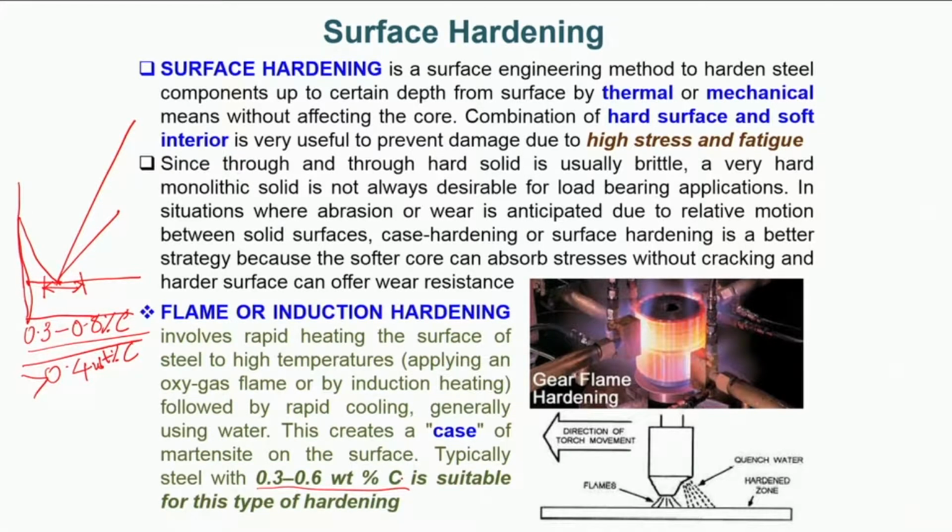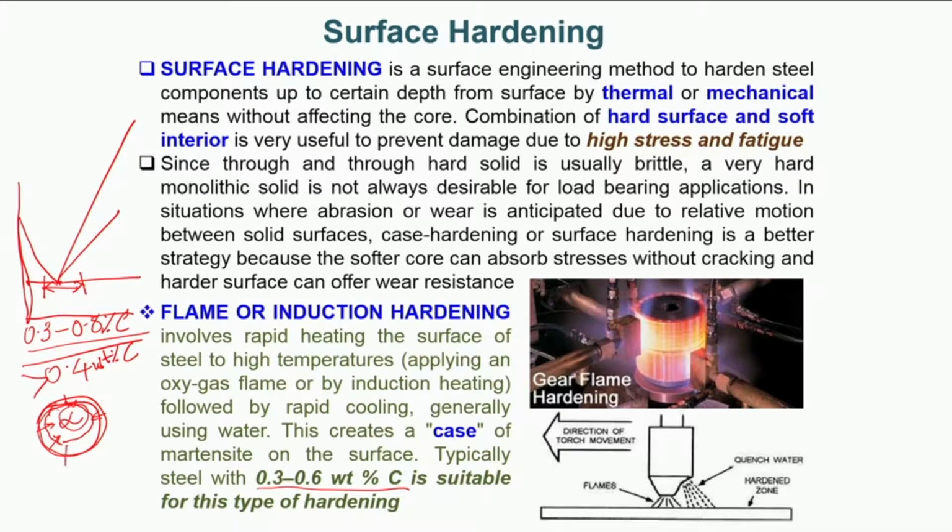The most important thing that we need to realize is that in this kind of treatment, if we are talking about a component of a given diameter, we would like to harden the surface only up to a certain depth from the surface and not through and through. So, the core will be left in ferritic state.